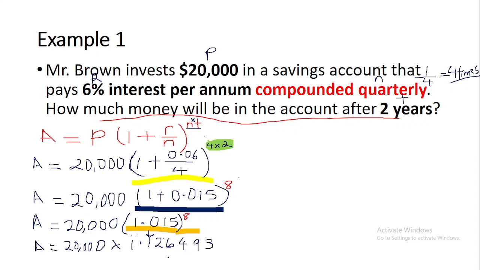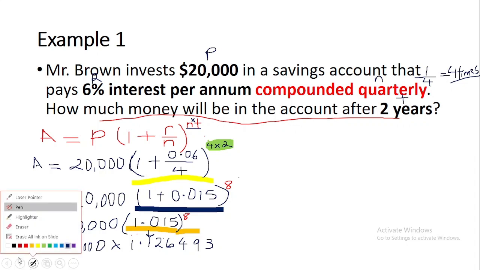We just multiply them by each other, multiply by 20,000, and you should get your final answer. We're going to do it over that side to get our final answer.